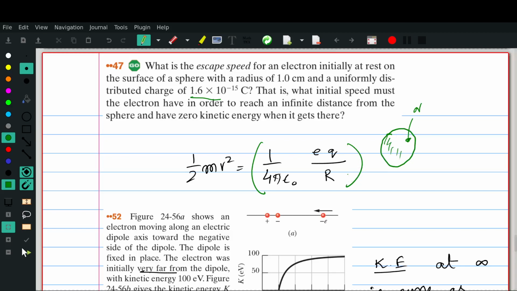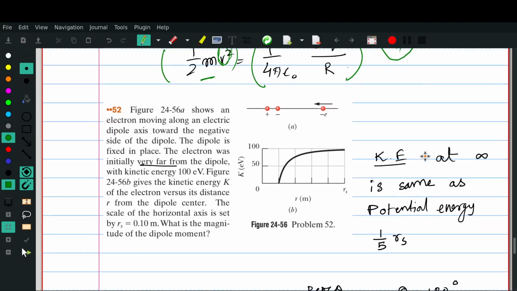When it moves to infinity, we assume the potential energy is 0, so at infinity the electron will have only kinetic energy. These have to balance: this is your initial energy and this is your final energy. Finally the particle doesn't have any potential energy. So from here you just solve for v, and you will find the escape velocity of this charge.